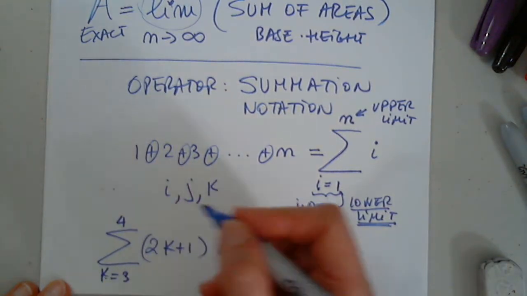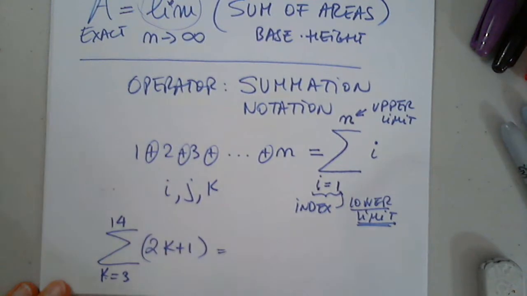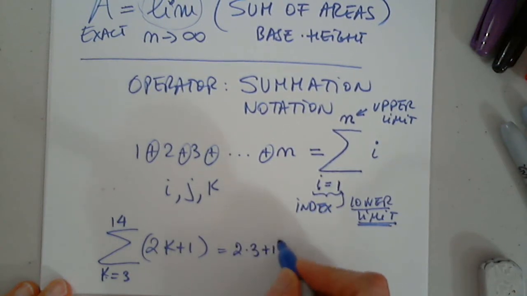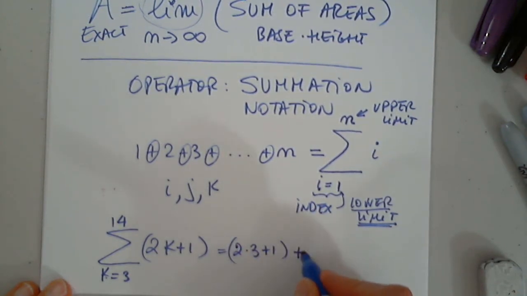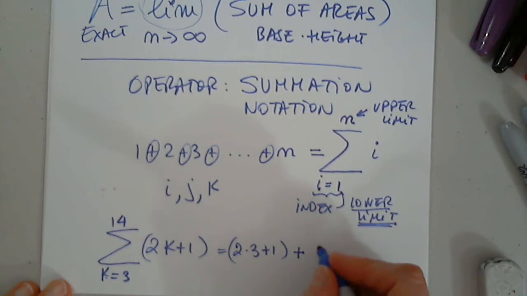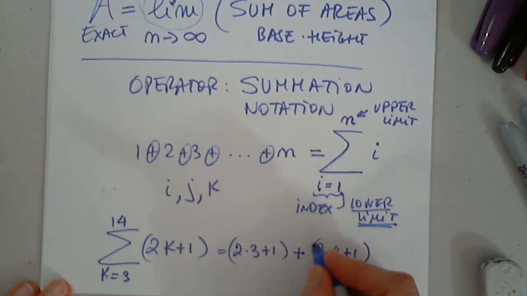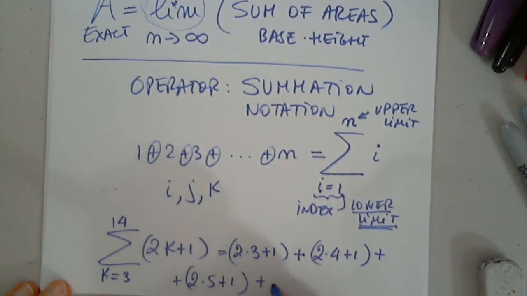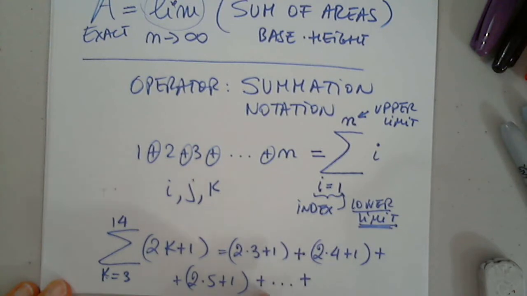I can choose anything. I just didn't want to write too many. So I start with k equals 3: 2 times 3 plus 1, plus, when k is 4, 2 times 4 plus 1, plus, when k is 5, 2 times 5 plus 1. I write 3 dots and plus again.